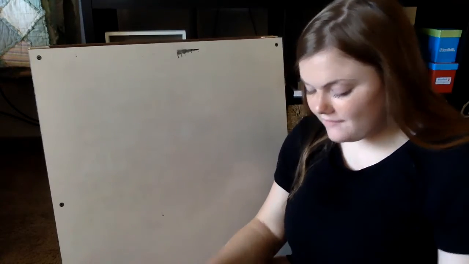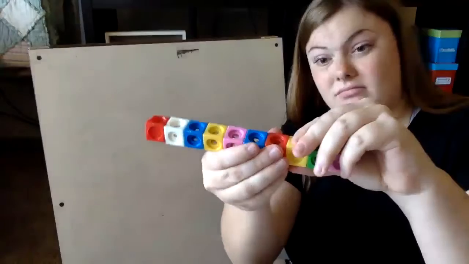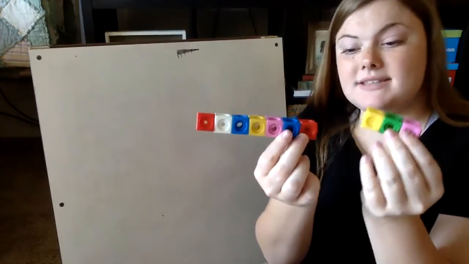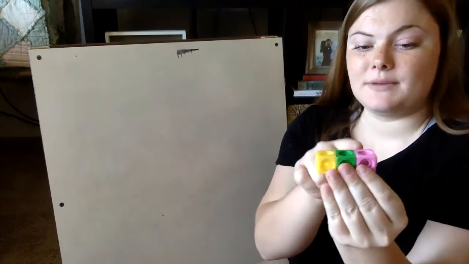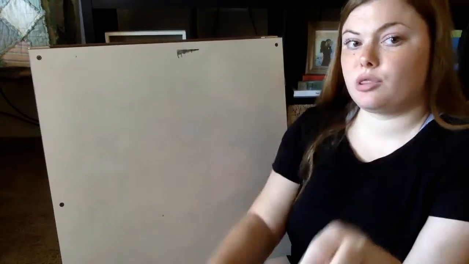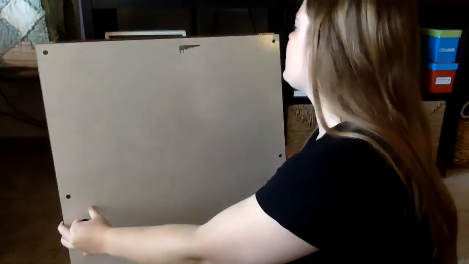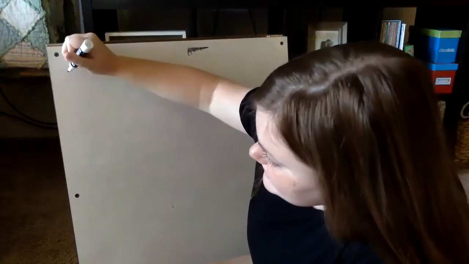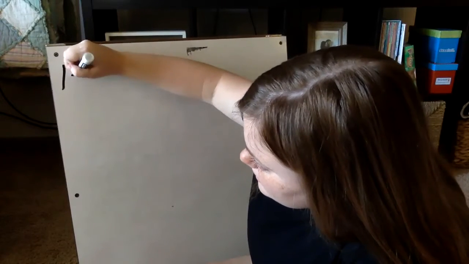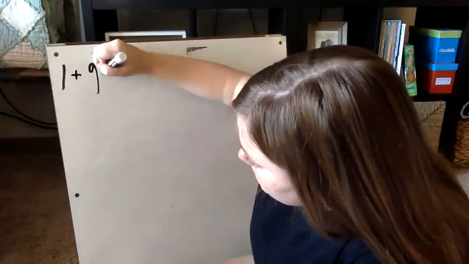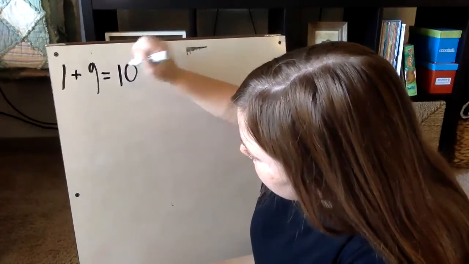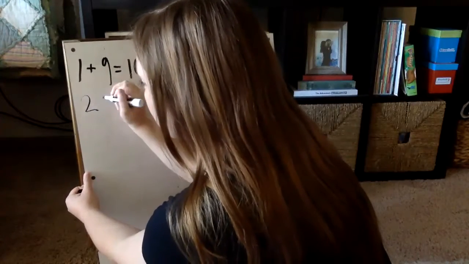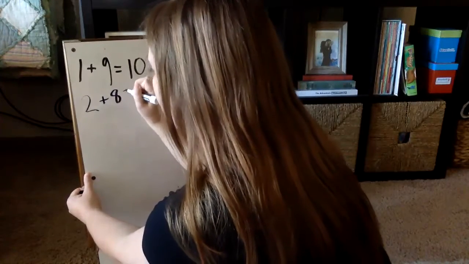Okay, what about if I take off 3? Would that be the same? What do you think this number sentence would be? How many do we have over here? 1, 2, 3. So since I already did some of the blocks on here, I'm just going to keep writing our number sentences, right? So our first one was 1 plus 9 equals 10, right? Our second one was 2 plus 8 equals 10.